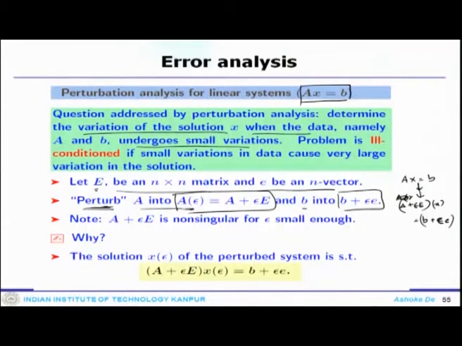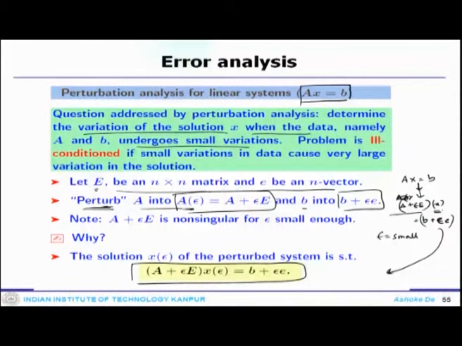This is the perturbed system that we are looking at, and obviously this is going to be non-singular for small enough epsilon. Epsilon is a very small number. Now, the solution x epsilon of the perturbed system is what you get from this system, for a perturbation of amount epsilon.